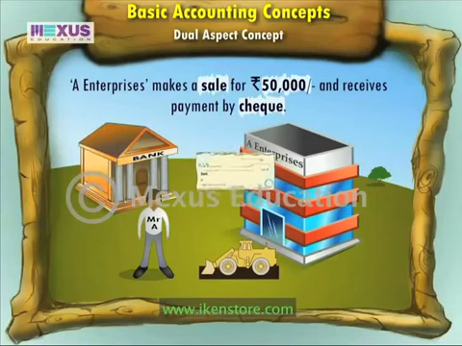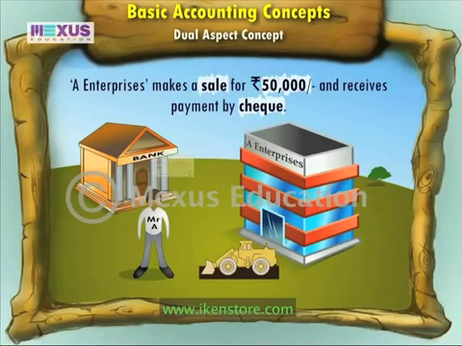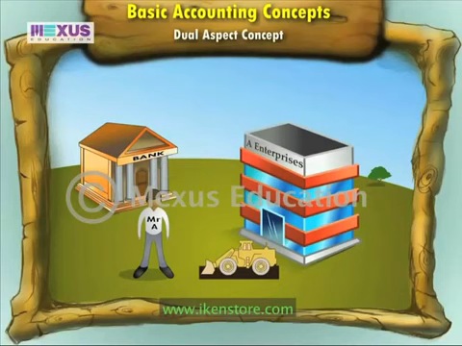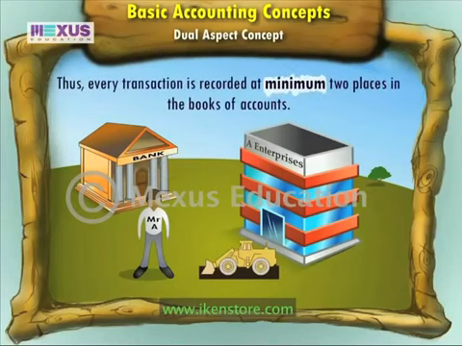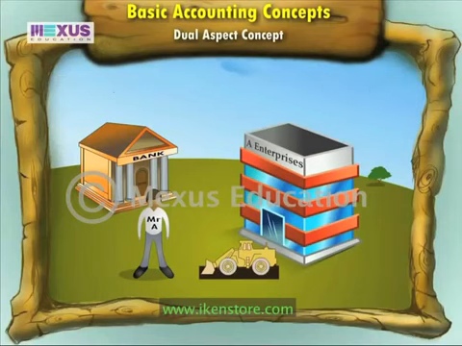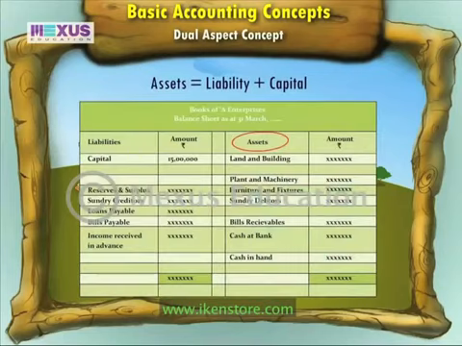Second, the bank balance has increased. Thus, every transaction is recorded at a minimum of 2 places in the books of accounts. This is the core of double entry system of accounting.